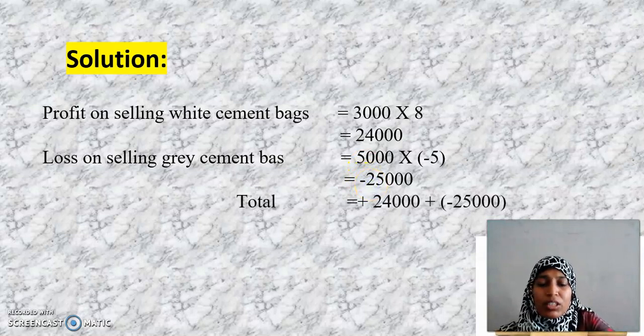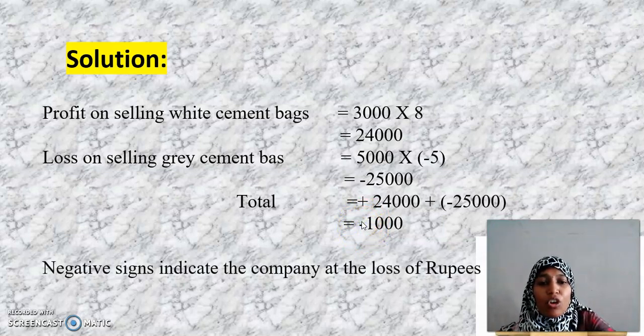So, what will be his total? I am adding profit and loss, 24,000 plus minus 25,000. So, he gets minus 1,000. This indicates that the company is at a loss of rupees 1,000.